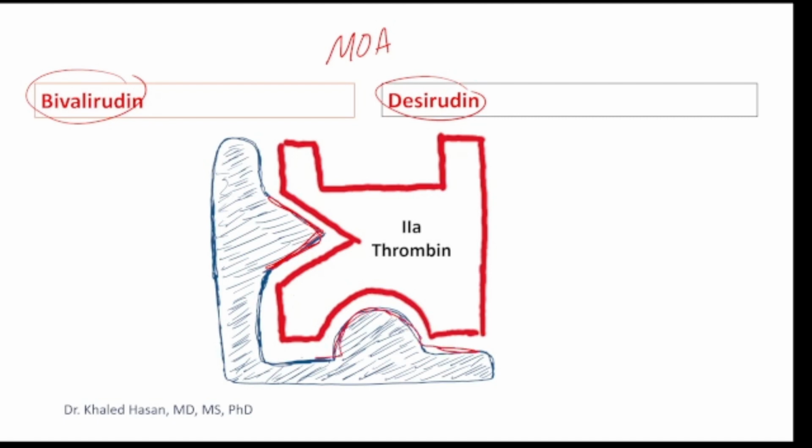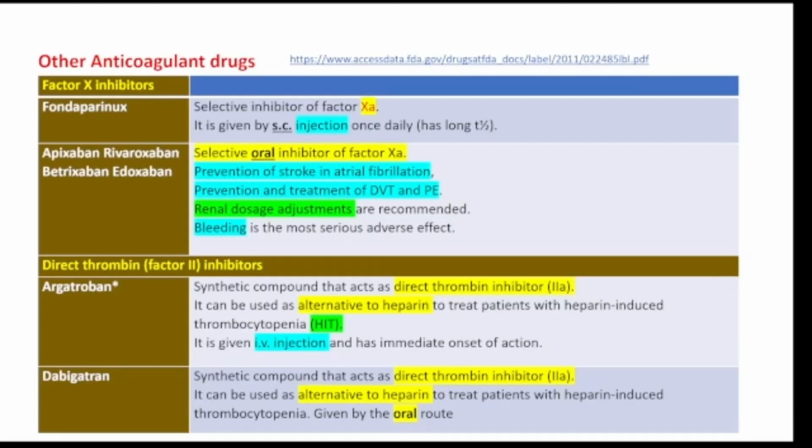This site is designed for binding to the fibrin site. So we have a bivalent action here for bivalirudin and desirudin: two sites, the active site and the exosite. Okay, this summarizes the information for us.